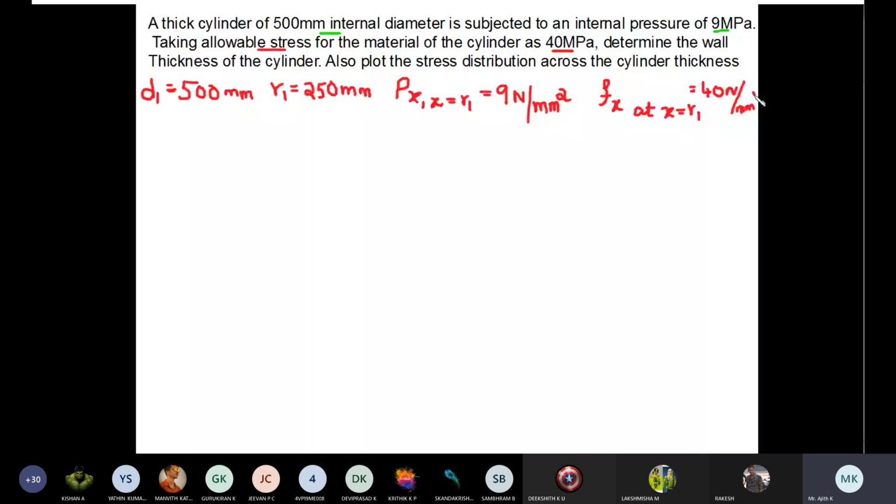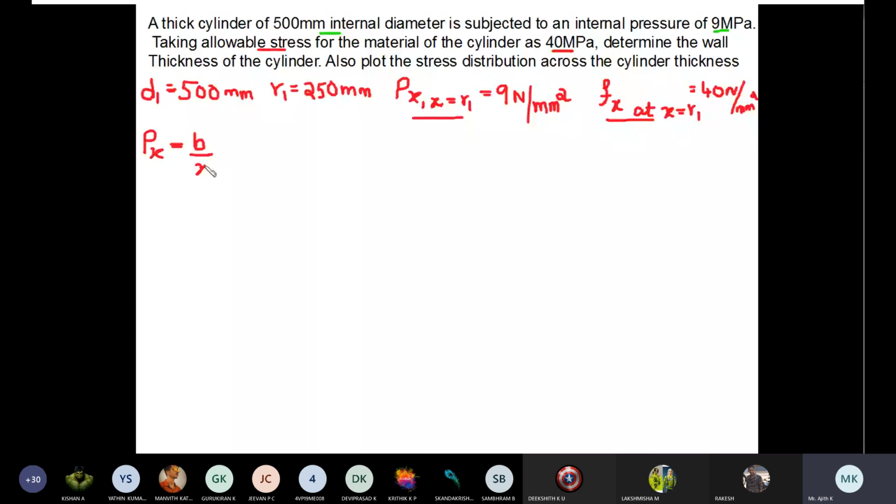We'll start the solution. We have Px value and Fx value at x equal to R1. So I will use the Px equation first. Px is given by B by x square minus A. You can try to solve this problem, you need not wait for me.